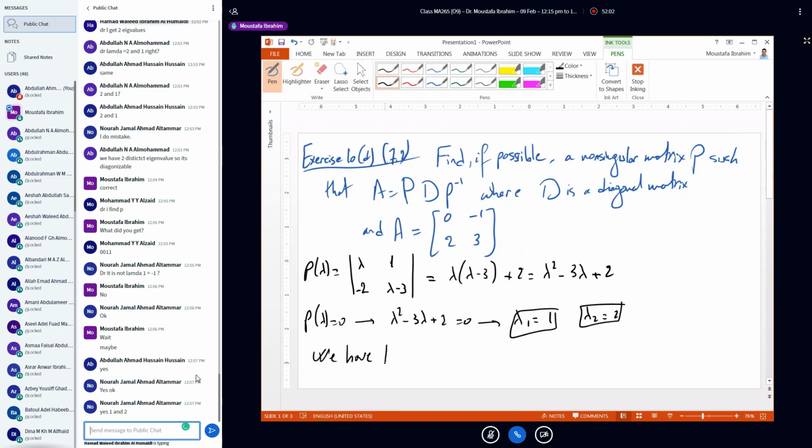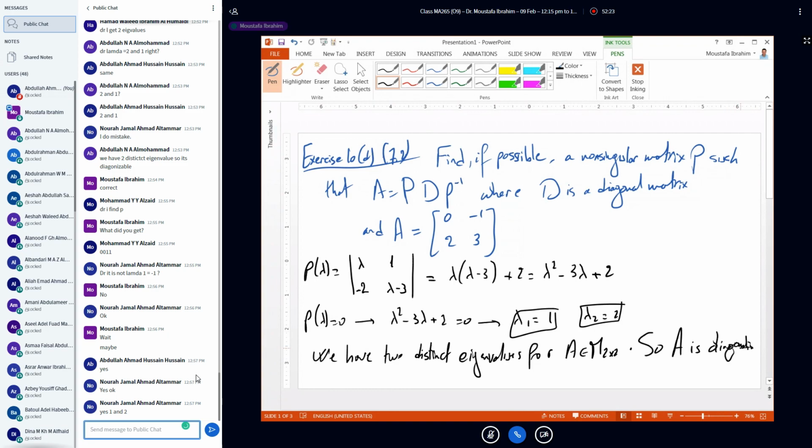Very good, we have two distinct eigenvalues for A, which is 2 by 2. So A is diagonalizable. Correct?